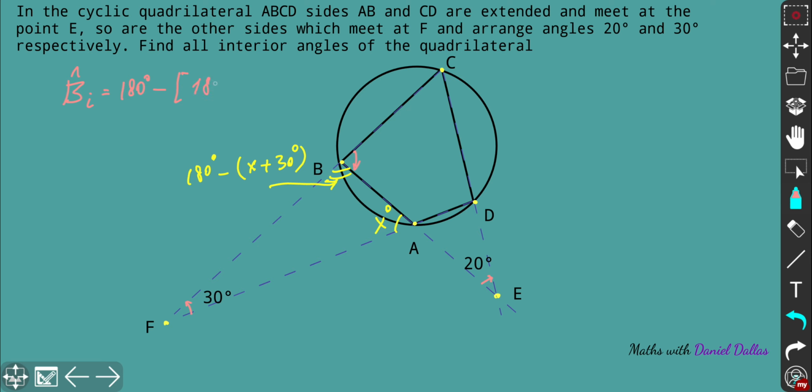So if I write that, I will have that. And from here, I can figure out interior angle B: 180 and 180 will cancel, and I will be left with X plus 30. So we've got that interior angle B is X plus 30. We can mark it as it is.